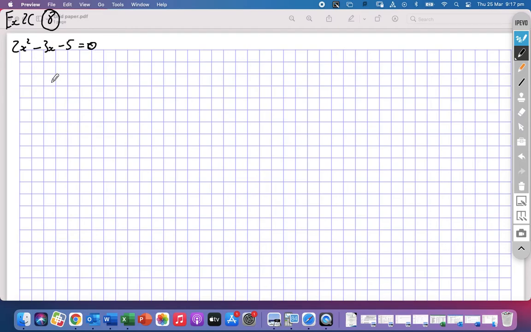I'm looking at this quadratic and I'm thinking this is something that I could factorize using the AC method, where we say the AC term equals 2 times minus 5, which is minus 10, and there are factors of minus 10 that I can use to split the middle term.